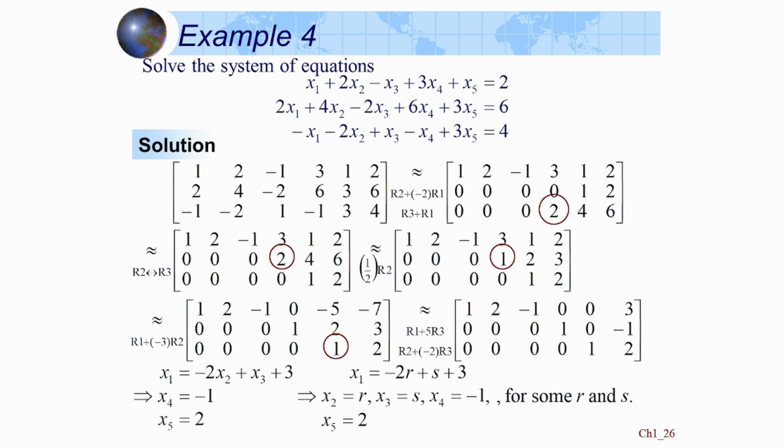And in this sense, we say that the set of solutions is one-dimensional. Here we have two independent variables, r and s. So because of this, sometimes you can say that set of solutions is two-dimensional. Dimension of set of solutions is 2.